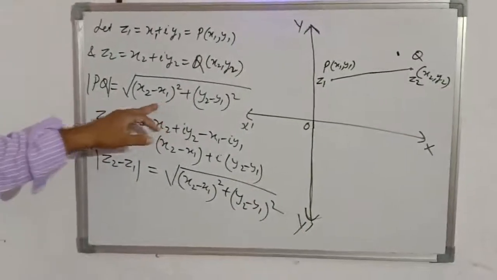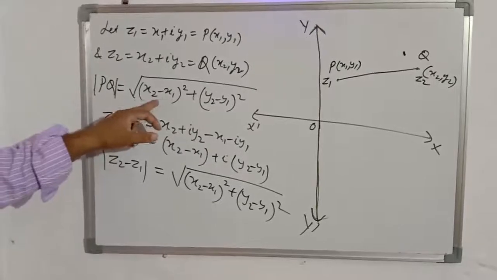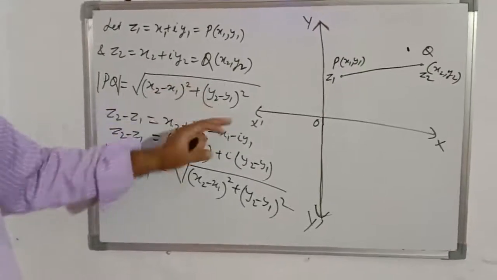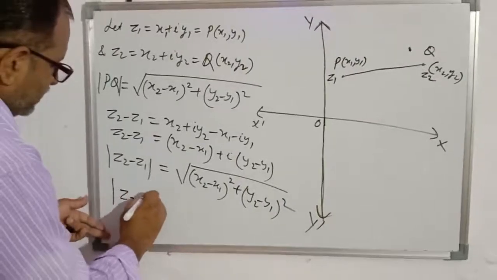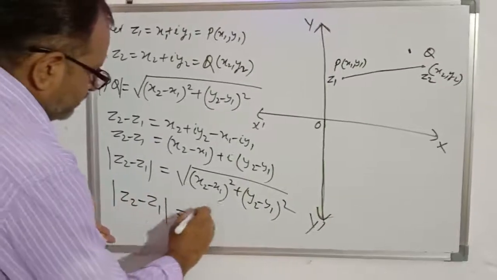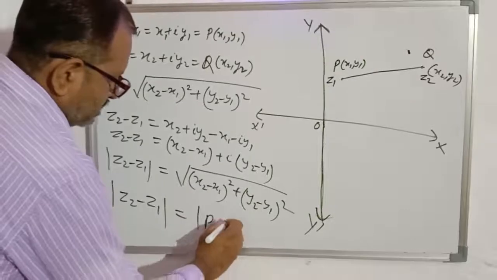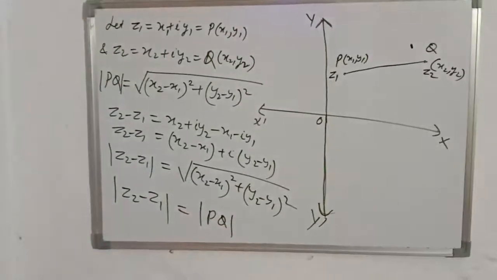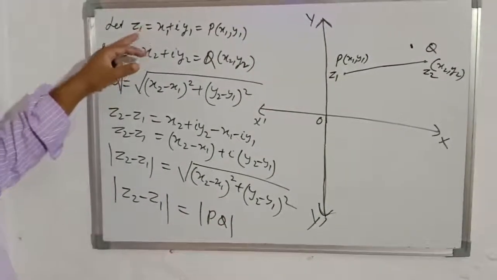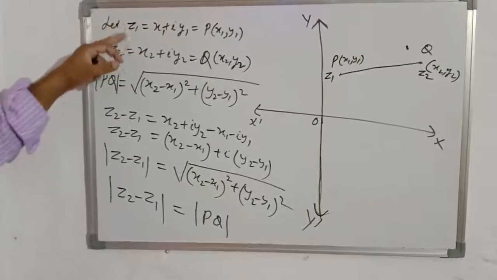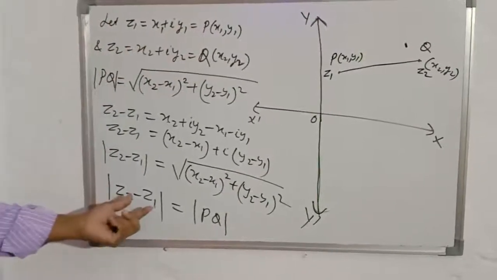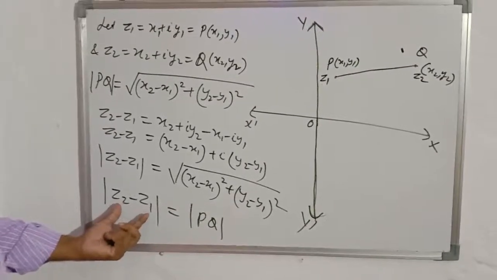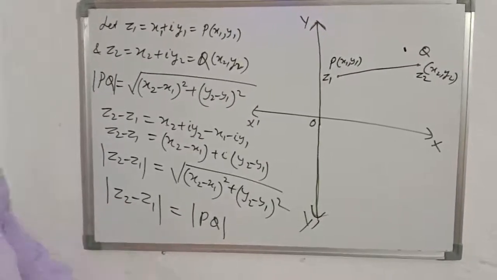See this one. What is PQ? PQ is also the square root of (x2 minus x1) whole square plus (y2 minus y1) whole square. So we can write that mod of Z2 minus Z1 is the distance PQ. So if two points are represented by complex numbers, then the distance between their corresponding points can be expressed as mod of Z2 minus Z1.